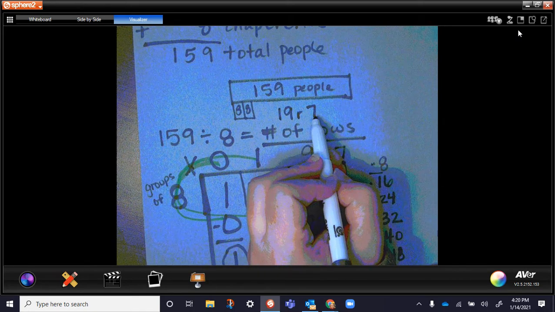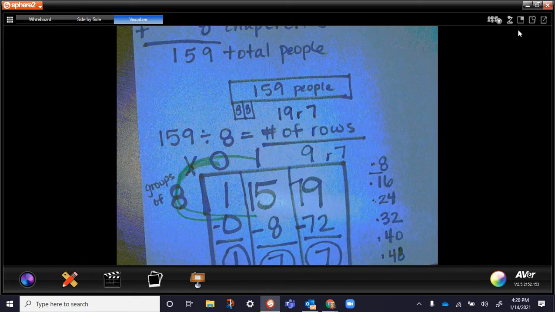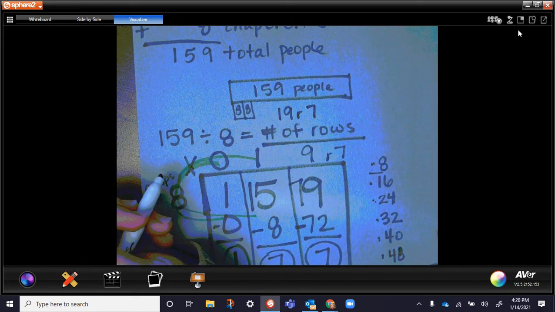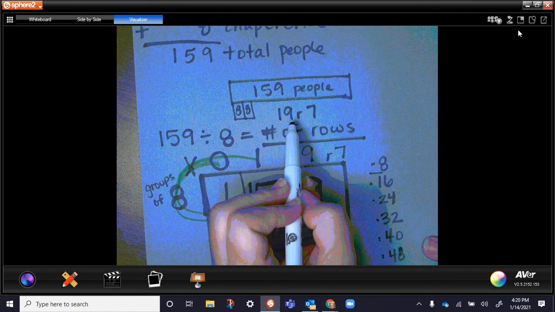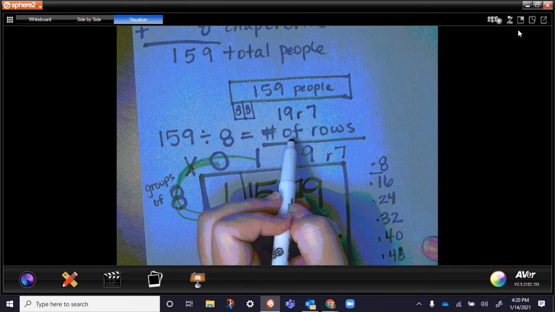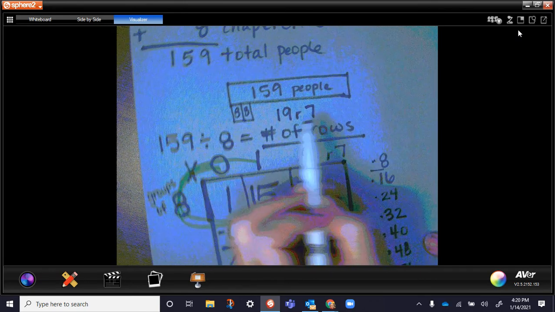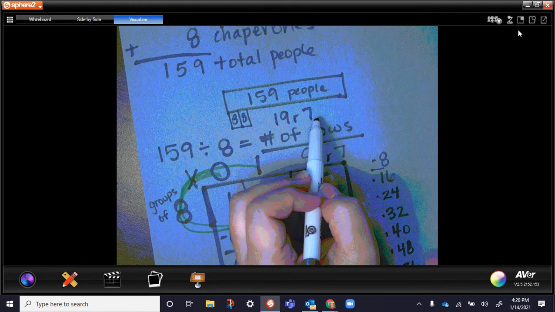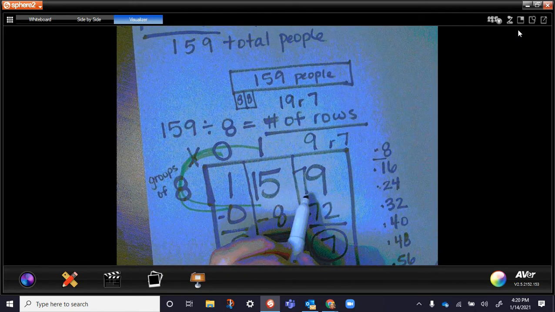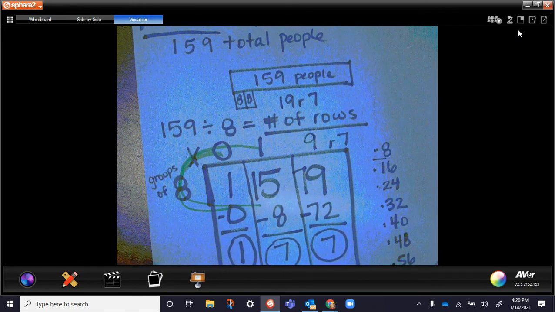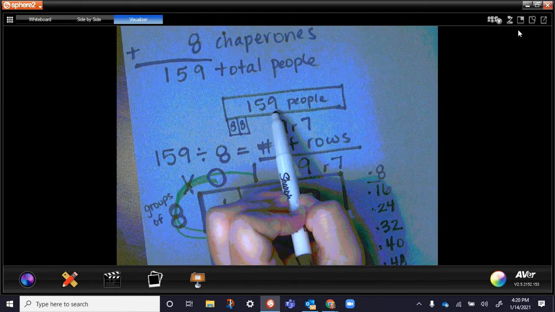Because there's some left over here. So when we get those leftovers, we really need to stop and think, how do these numbers connect back to the story? So 19 is the amount of rows that I have so far, but this 7 comes from this original number, the 159, that represented the people.